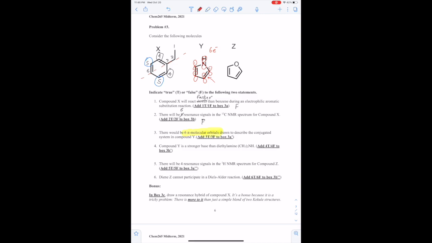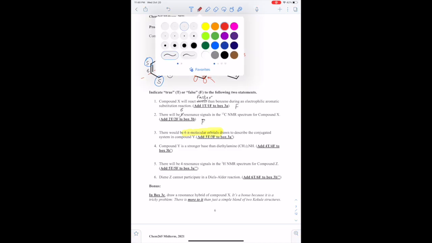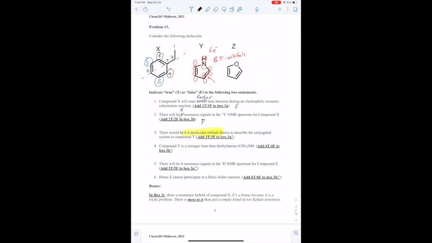And for that, I only count 5 MOs, or the 5 pi orbitals. That is a 5, not an S. Okay, so that would make this answer false.